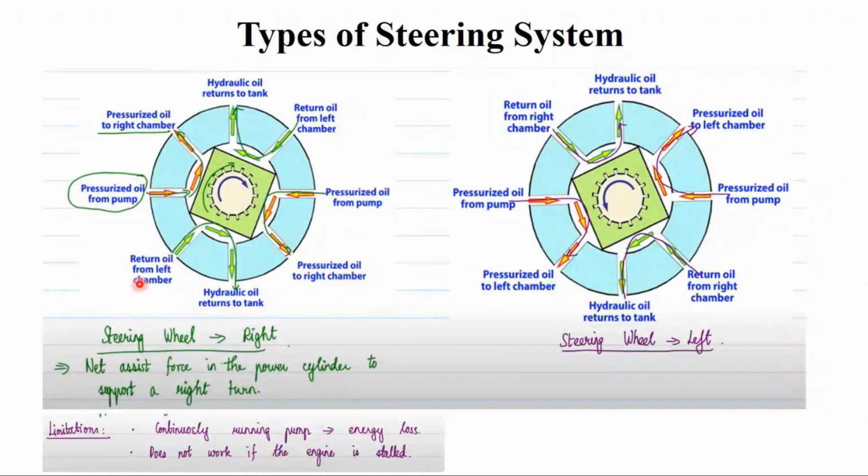And this is the return oil from the left chamber, which goes to the hydraulic tank. This is how the movements are going to happen when the steering wheel is moving to the right.